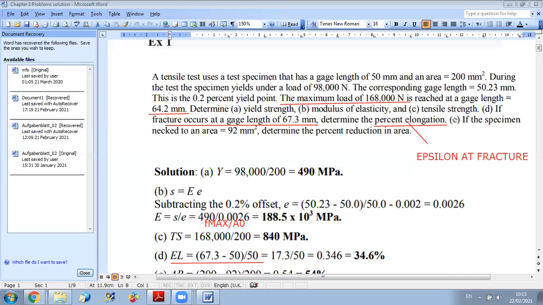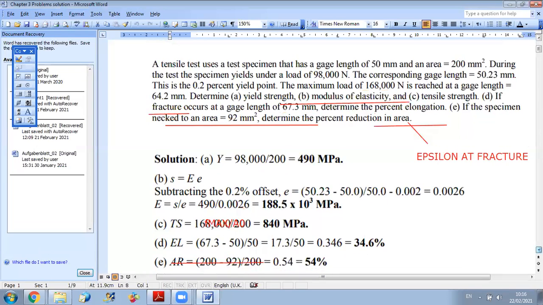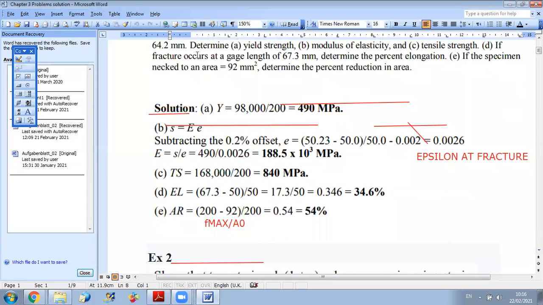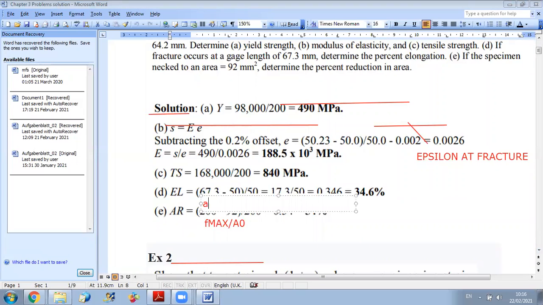Now, the other question, if the specimen necks to an area of 92 millimeters square, determine the percent reduction in area. So now to calculate the percent reduction in area, I apply the formula, which is A initial, A0, minus A final over A0.